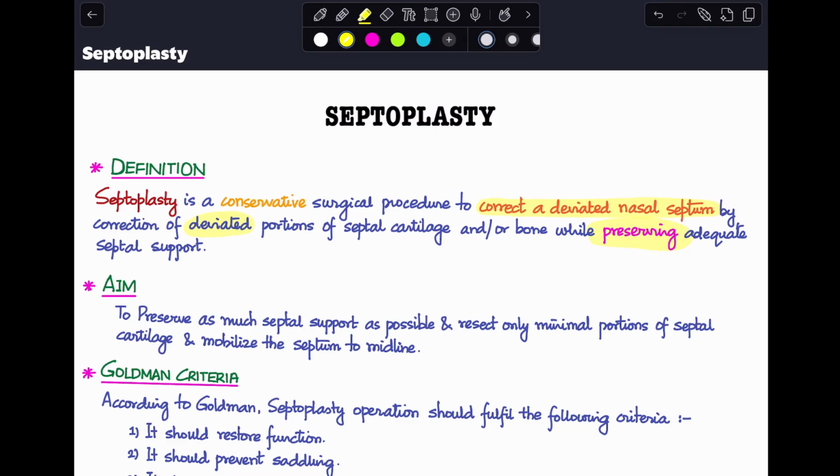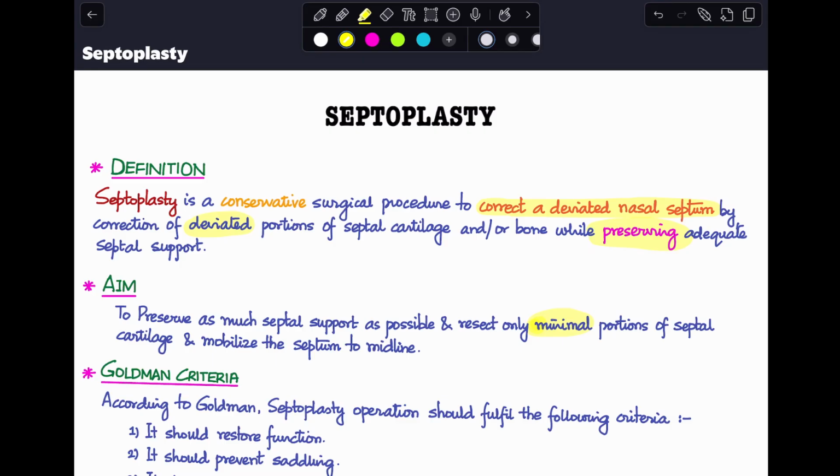And here our main purpose is to correct the deviated septum by correcting only the deviated portion of the septal cartilage and or bone while we preserve adequate septal support. Now, the aim of septoplasty is to preserve as much of septal support as possible and resect only minimal portions of the septal cartilage and mobilize the septum to the midline.